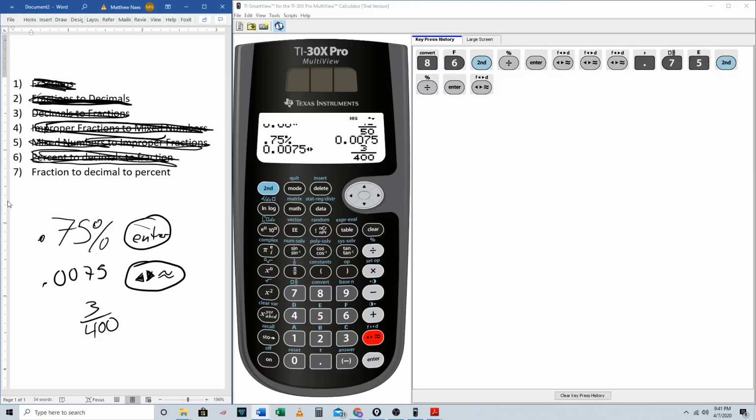Okay. Now we're going to do it backwards. I want a fraction to decimal to percent. And again, the reason I have to do this is that there's no direct fraction to percent. So first I'm going to convert a fraction to a decimal, which we've already done before. So let me clear this.